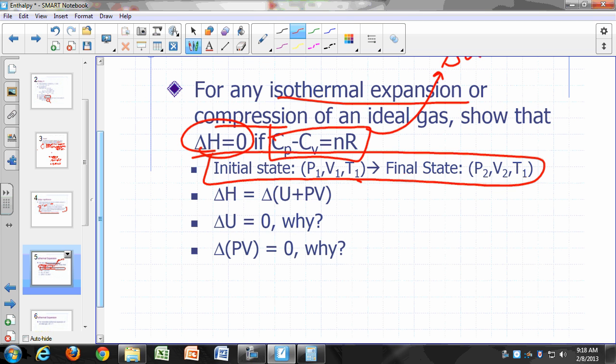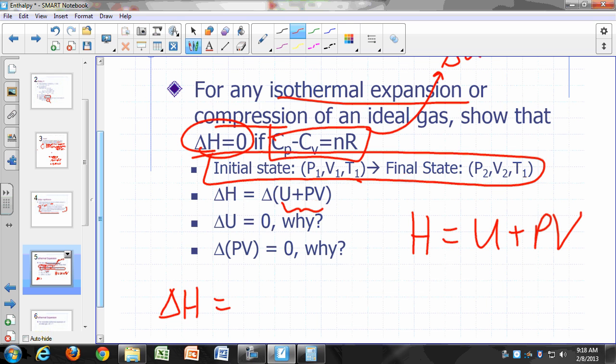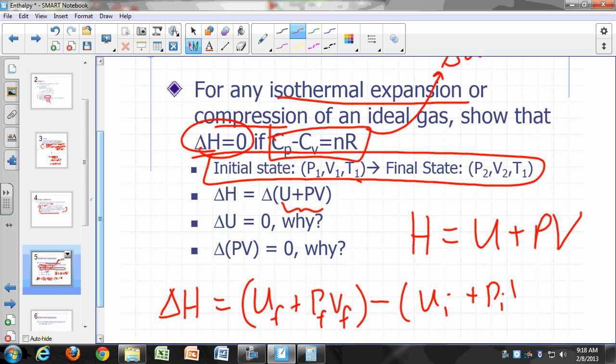You can just say delta H is delta of U plus PV, since that's the definition of H. H is U plus PV. So delta H is the change in U plus PV. All right, so delta H, let's rewrite that. It's U final plus P final, V final, minus U initial plus P initial, V initial.